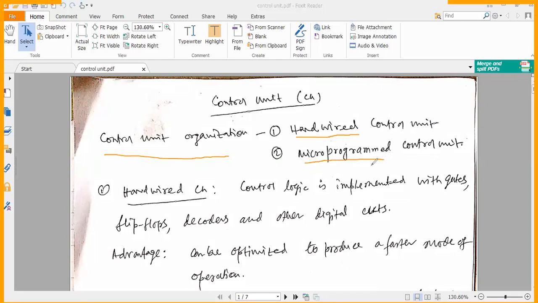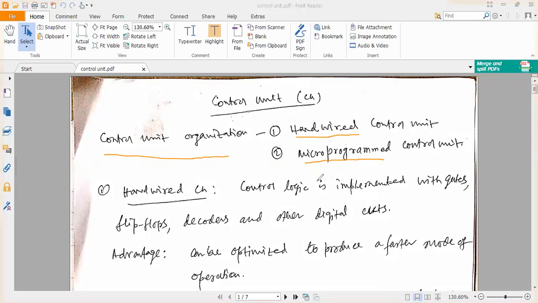Hardware means the circuitry is there, generating the signals by designing circuits. Whenever an instruction is executed, lots of signals are generated: timing signals and control signals.